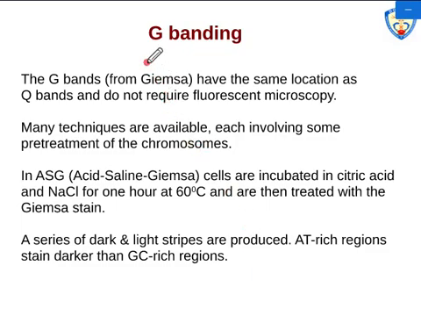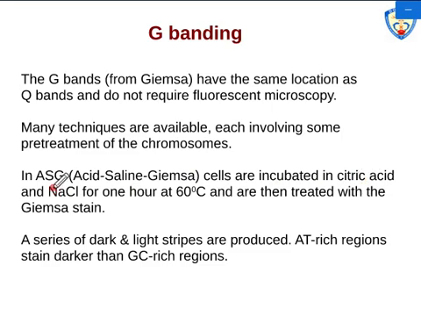G banding. The G bands, where G comes from Giemsa, have the same location as Q bands and they do not require fluorescent microscopy. Many techniques of G banding are available. Each involves some pre-treatment of the chromosomes. In one of the techniques, chromosomes are treated with acid, saline, and then stained with Giemsa.